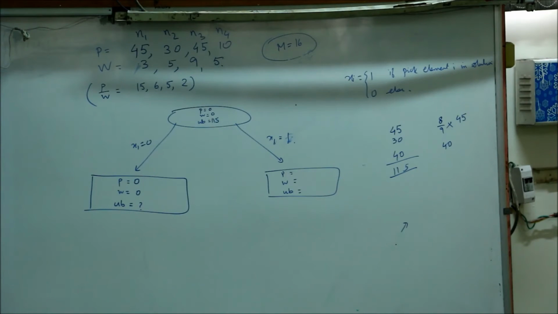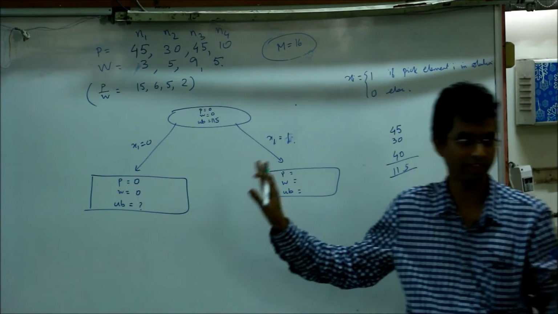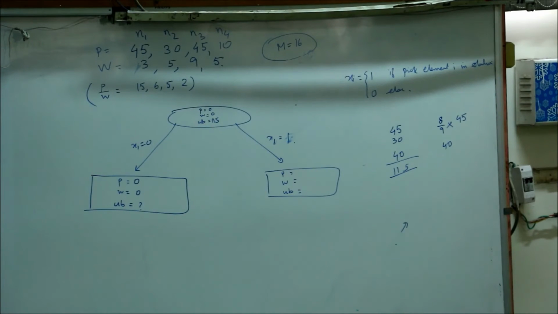You can use any upper bound; the one used in this example is the fractional knapsack, so essentially we are using the value given by the greedy solution for the fractional knapsack. Okay, maybe I'm wrong, this is the value, not the weight.